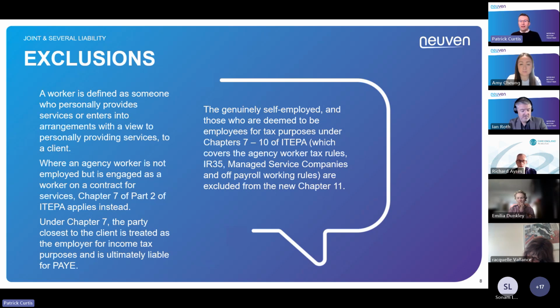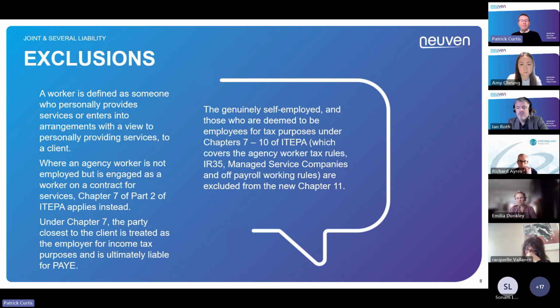And people who are genuinely self-employed, who have a personal service company which they own more than 5% of, is the material threshold. If they are genuinely self-employed, then the IR35 rules apply in the usual way, and that is not an umbrella company for the purposes of Chapter 11. So those are probably the two key exclusions for this.